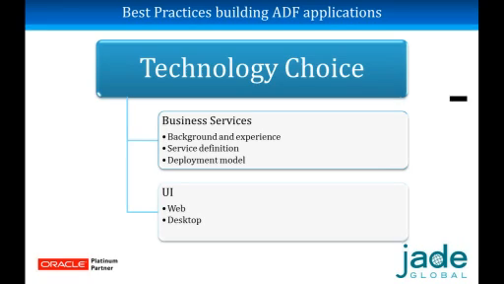The third important consideration for technology choice is, what kind of deployment model do we want? The choice of business service technology can be easy to make in terms of ADF, because it provides the largest layer of abstraction, and it's suitable for all the traditional Oracle developers.